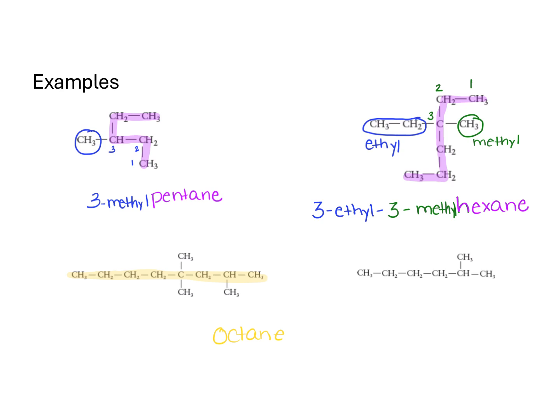Then we need to look at our substituents. We have a substituent here, and then we've got a substituent here and a substituent here. These all are methyls, okay? And so this is a situation where you get to use trimethyl, but you need to give a number for each one. So 1, 2, 3, 4.